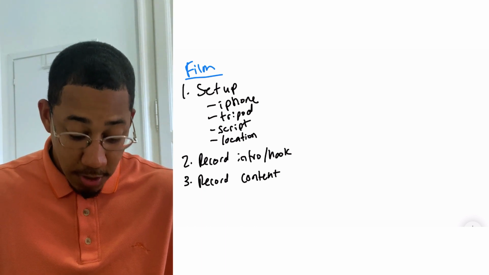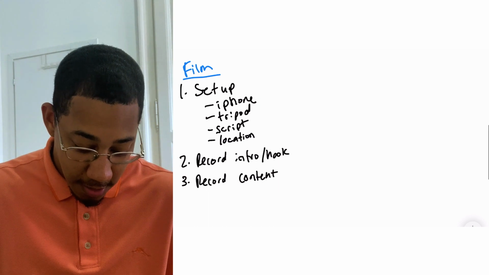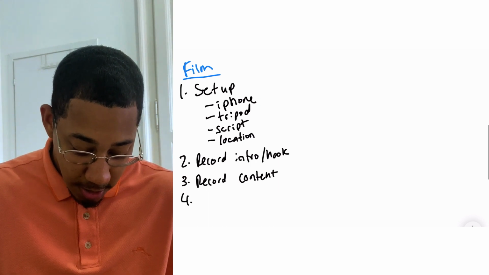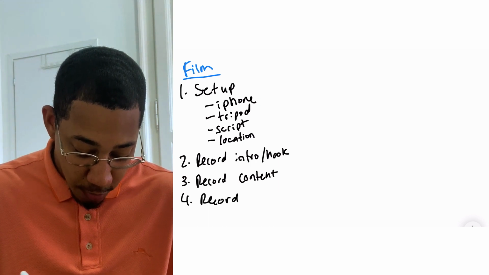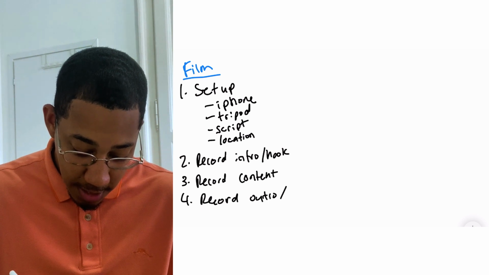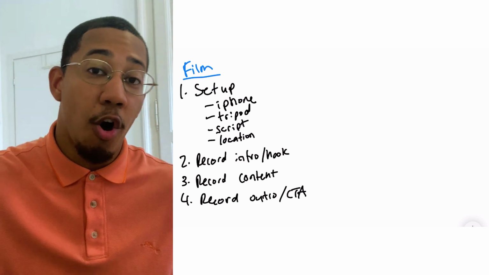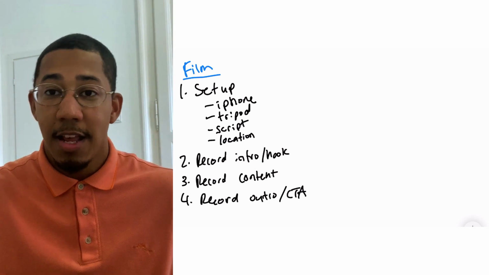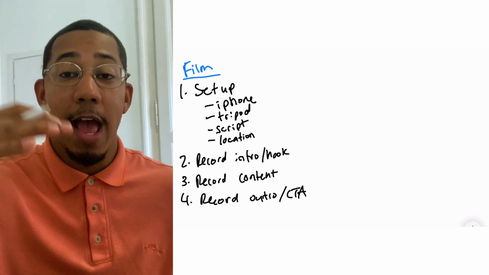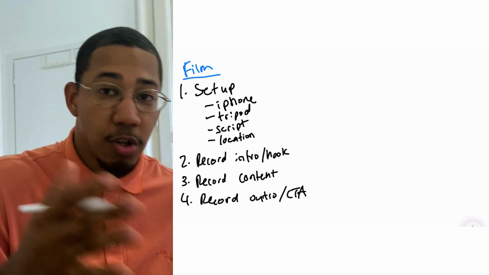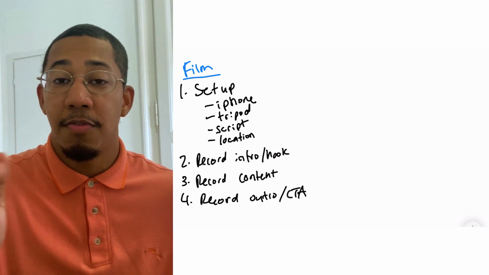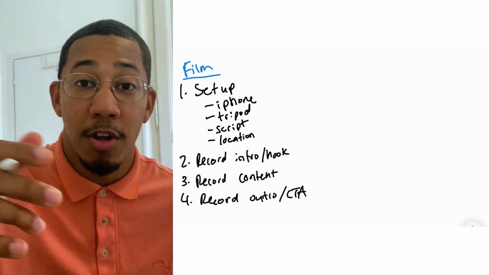Once I'm done recording the content, the next thing that I do is I need to record the outro and the CTA, right? So in the outro, what I'll do is I will have a call to action based on what that video is, letting people know, hey, if you need more help with this, then you can book a call. You can watch my VSL, you can watch my free training, or you can DM me a specific word on Instagram.